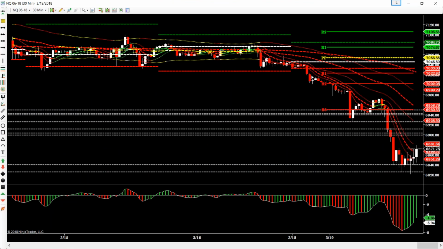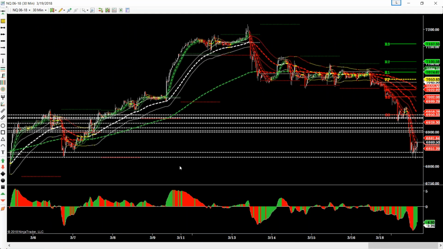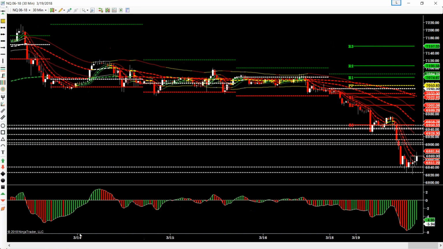It started Sunday and then overnight Globex, and then continued with the U.S. session, flushing down to some prior day lows, way over here, whatever, March 8th lows on the Nasdaq. And now we're forming a little bit of a bottom.